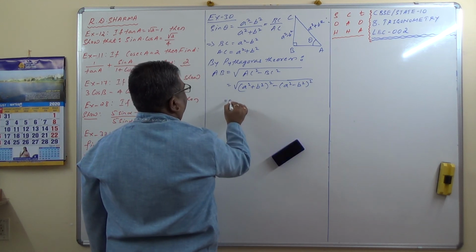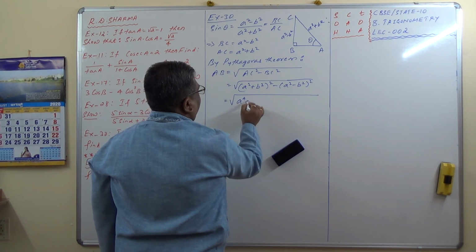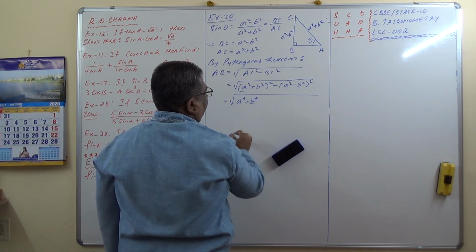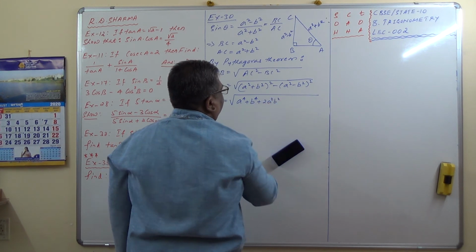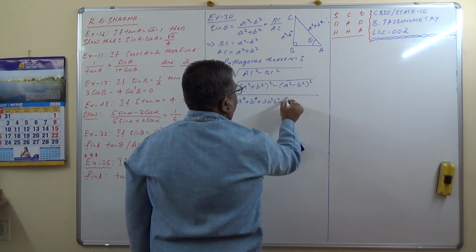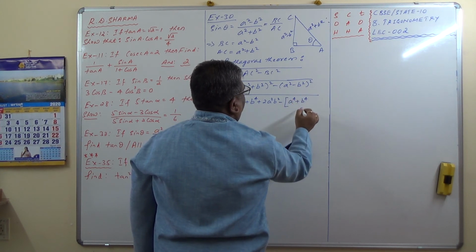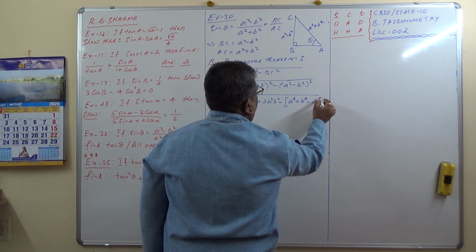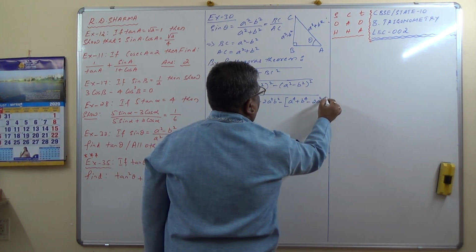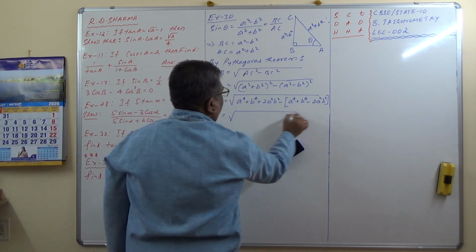Which equals under root of a to the power 4 plus b to the power 4 plus 2a square b square, minus into bracket a to the power 4 plus b to the power 4 minus 2a square b square.